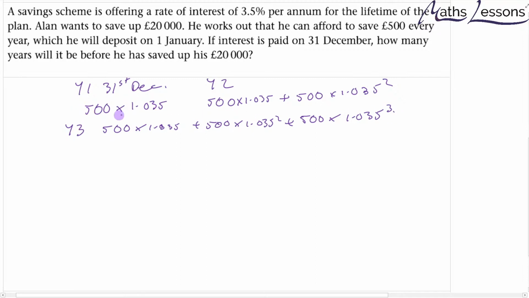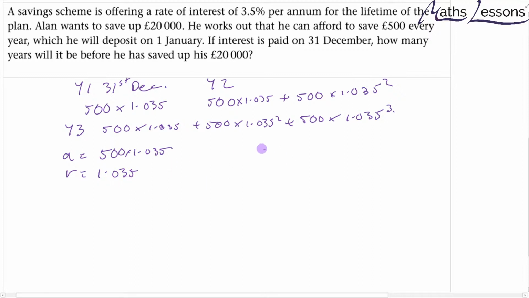So our first term, we're getting the sequence. It's going to be 500 times 1.035. And then we're going to times this by 1.035 each time. So a is 500 times 1.035, and r is equal to 1.035.